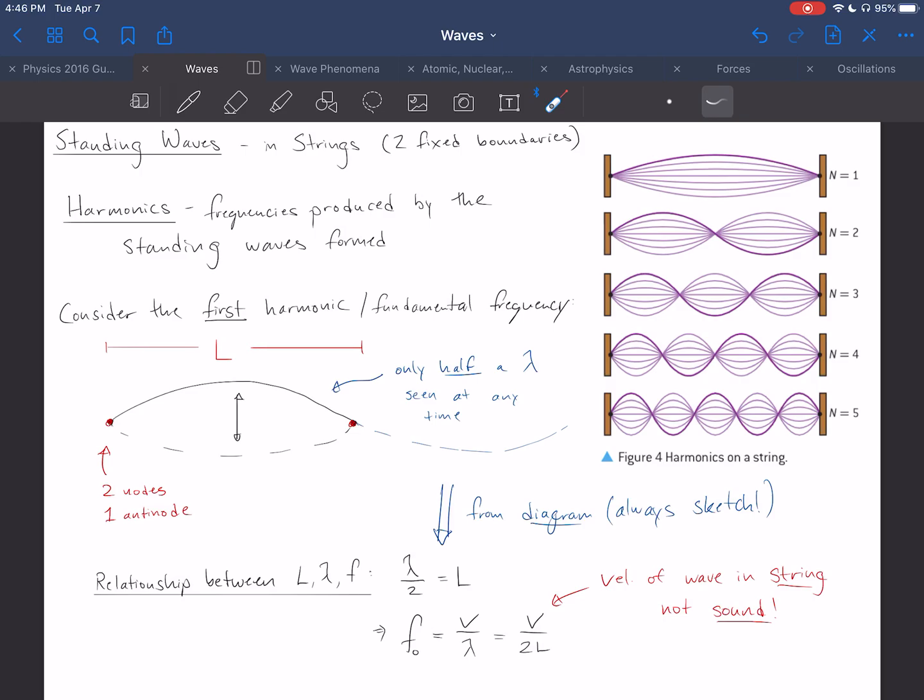And if the fundamental frequency is equal to the velocity divided by the wavelength, then it is also equal to v divided by 2L. And so we have a relationship between the frequency, the length of the string, and the velocity of the wave in the string. Notice this is not the velocity of sound. It is the velocity of the transverse wave in the string.